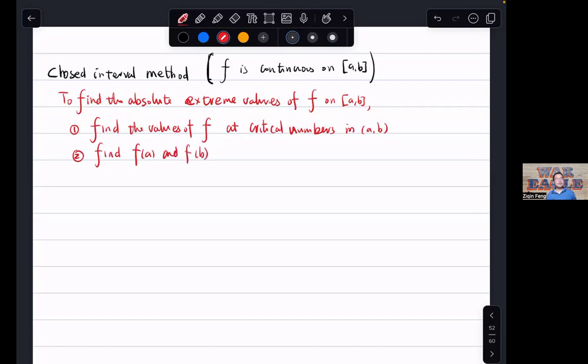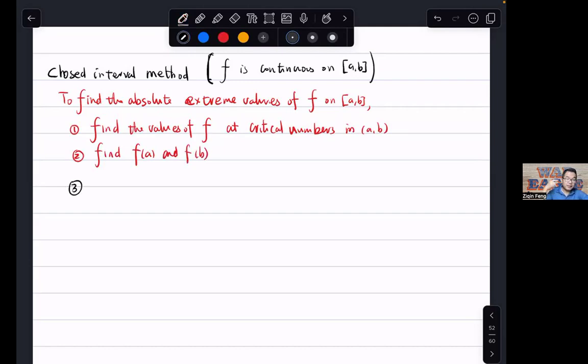As we discussed, the extreme value could happen at a local maximum or local minimum, but also could happen at the boundary point, the terminal point of the interval. So then you get lots of numbers.